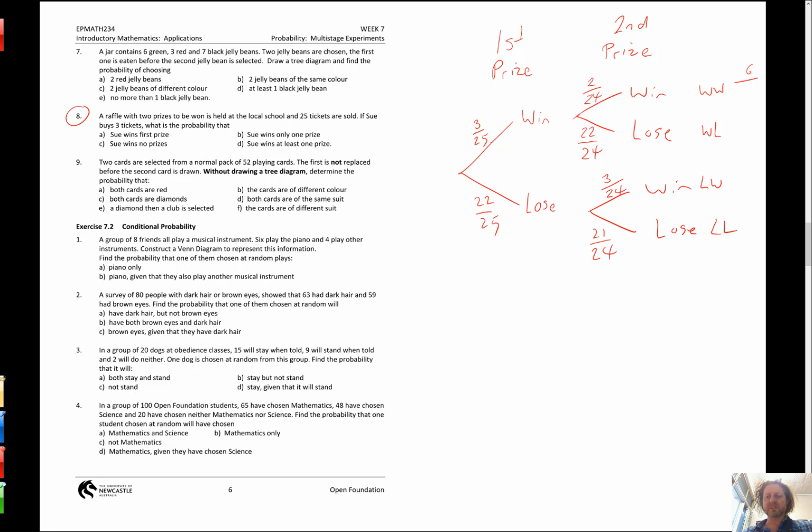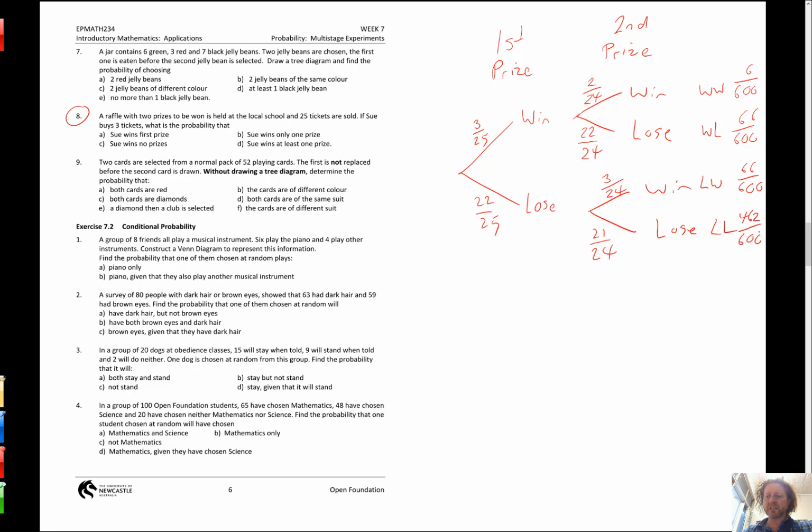Well, 4 25s is 100, so that's going to be 600. 6 on 600, 3 22s is 66 on 600, 3 22s is 66 on 600. And what's 21 times 22? Well, 20 times 22 is 440, plus another 22 is 462.